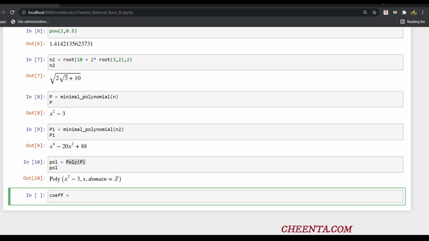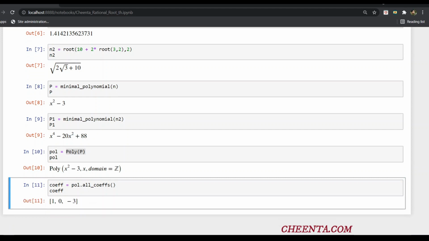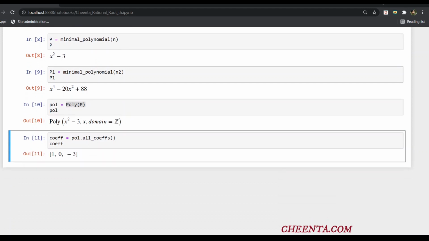So now I can use pol dot all coefficients here, and this function returns all the coefficients of this. So it is 1, 0, minus 1. What does this mean?